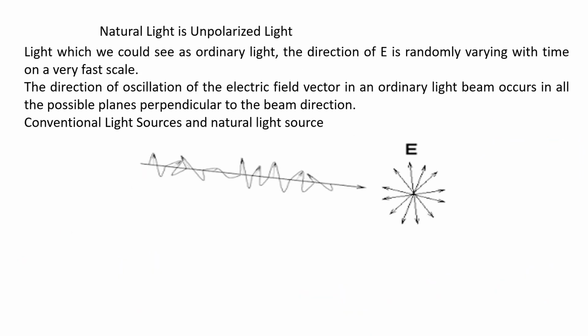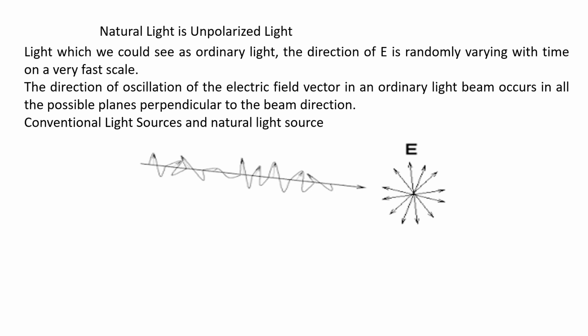So now we will see what is unpolarized light. Light all around us, from conventional sources of light, natural sources of light, the light we use in daily life, or the sun, a natural source of light. The light emitted by all these sources is unpolarized light.